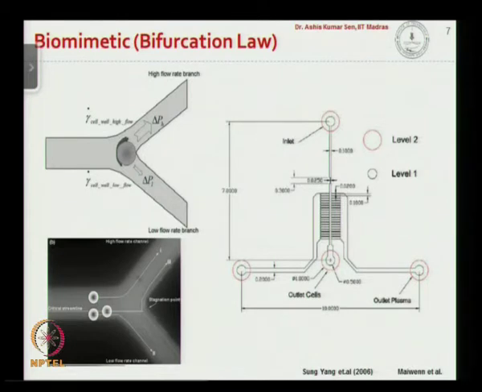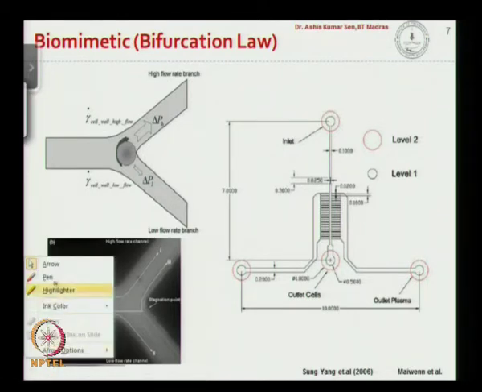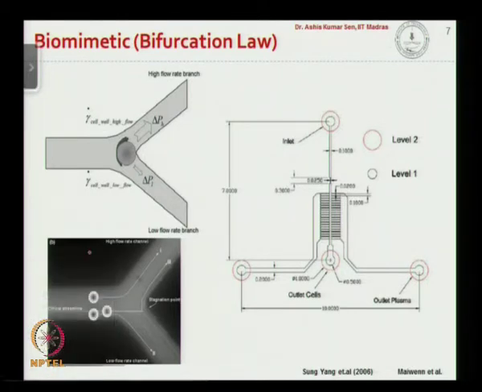Now the next principle is based on biomimetic, also known as the bifurcation law, and this was first reported by Yuan-Cheng Fung, who is the father of modern biomechanics.